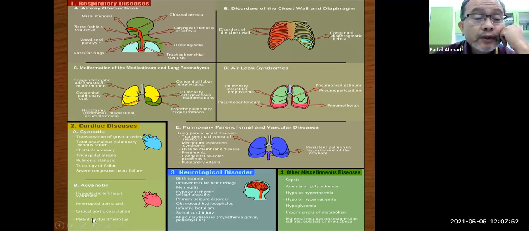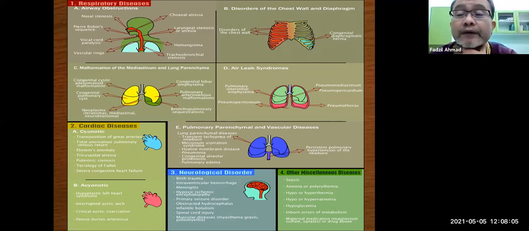The main thing you need to know is PDA. But the other ones like VSD, ASD come later, not immediately after newborn. And neurological, like birth trauma, intraventricular hemorrhage, meningitis, HIE, hypoxic ischemic syndrome, and this is the main thing. And then others: sepsis, anemia, and those cause respiratory distress.